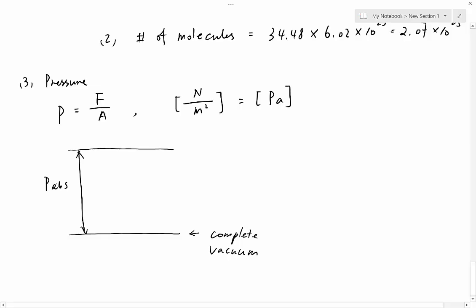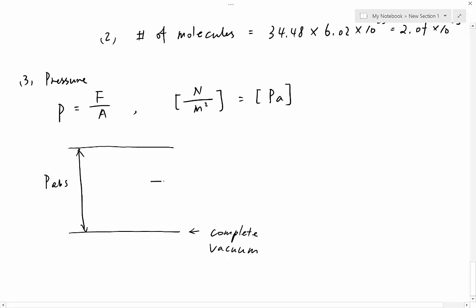And then you have another choice. This time you do not use complete vacuum as your reference. This time you choose the atmosphere as your reference. Atmosphere is about 1 atm, higher than complete vacuum.